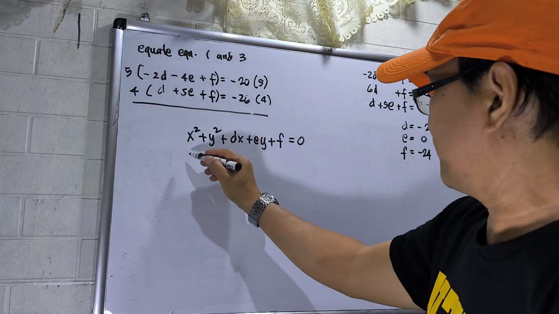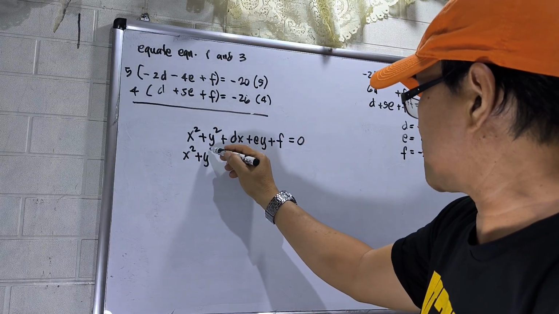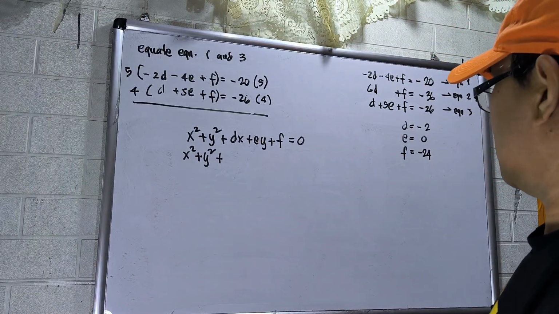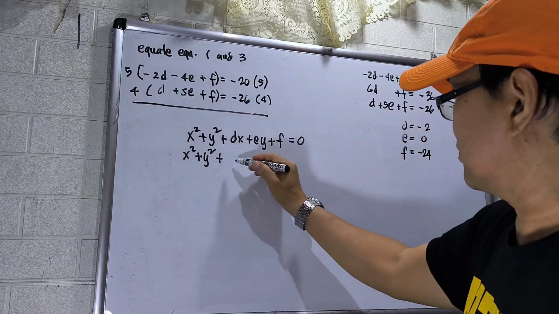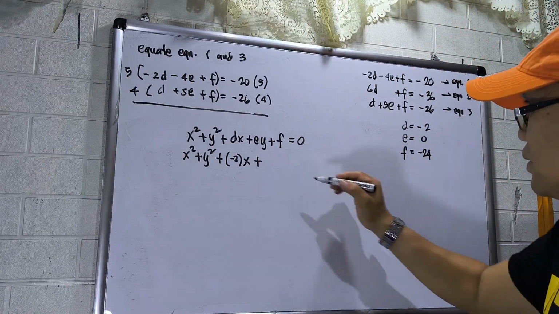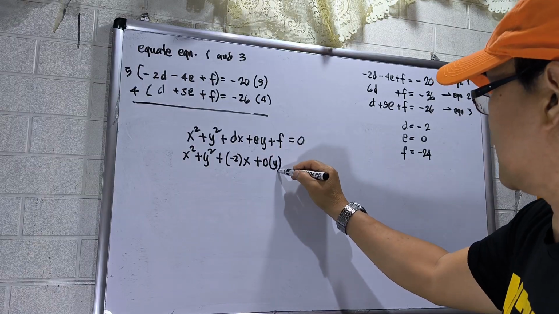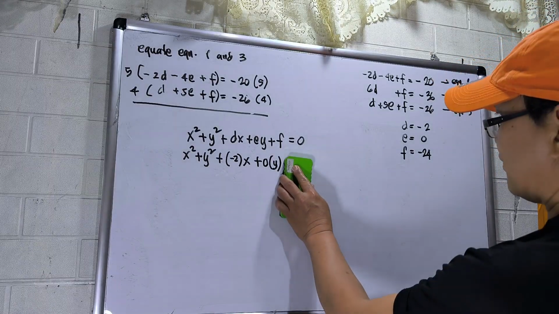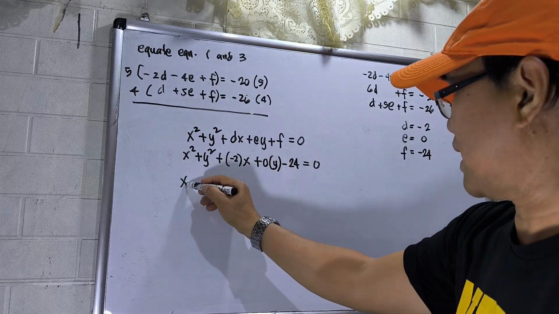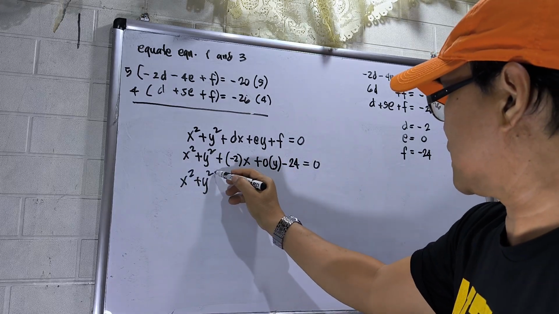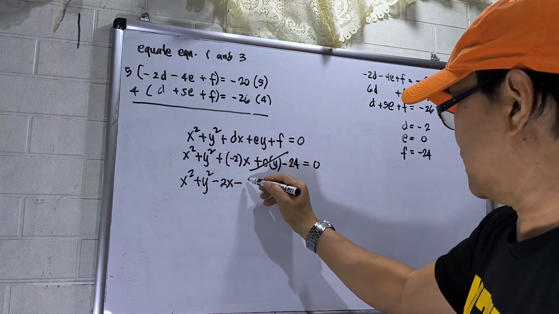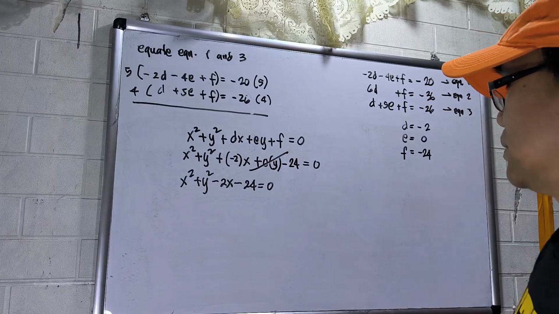So x squared plus y squared plus dx, d is negative 2 times x, plus e is 0 times y, plus f. F is negative 24, equal to 0. So this will be x squared plus y squared minus 2x, 0, then minus 24 is equal to 0.